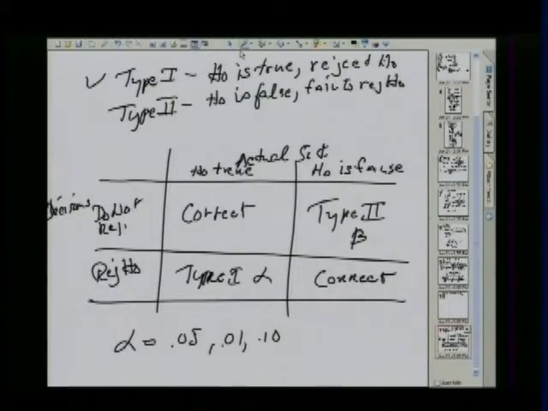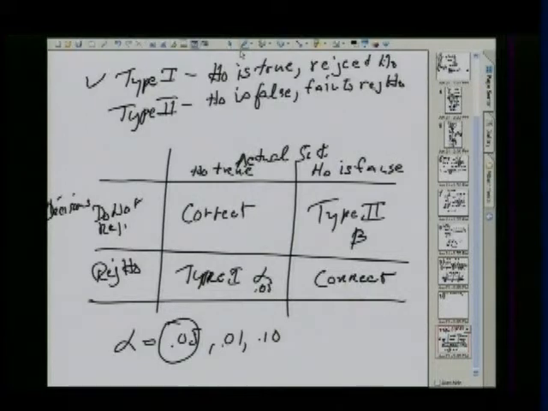If the problem doesn't tell me anything else, always assume 0.05. If the problem uses another value, then use the other value. So let's say alpha equals 0.05. I'm going to put that in this cell of the table. That means I'm willing to live with a 5% chance of making an error.